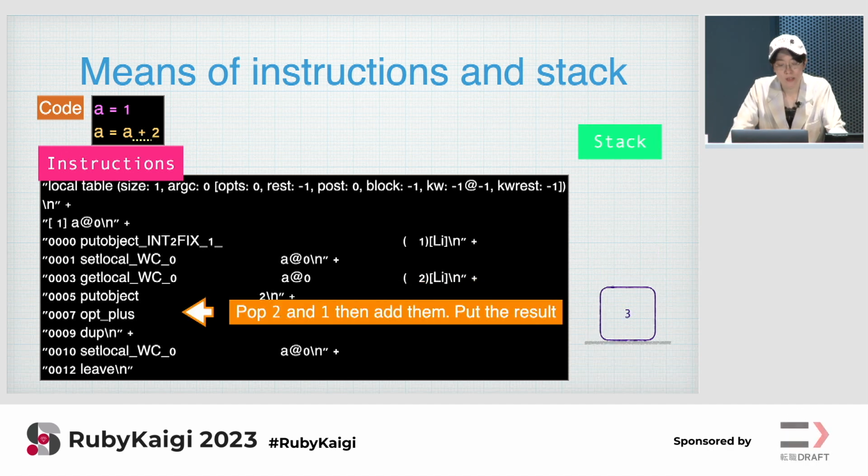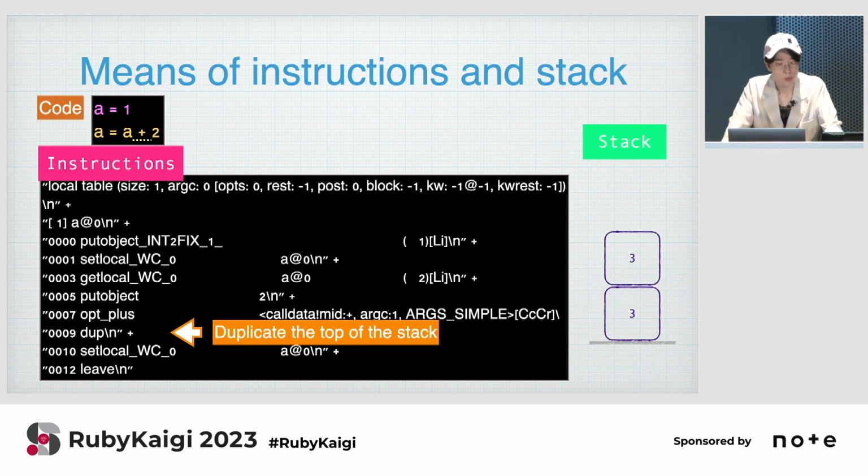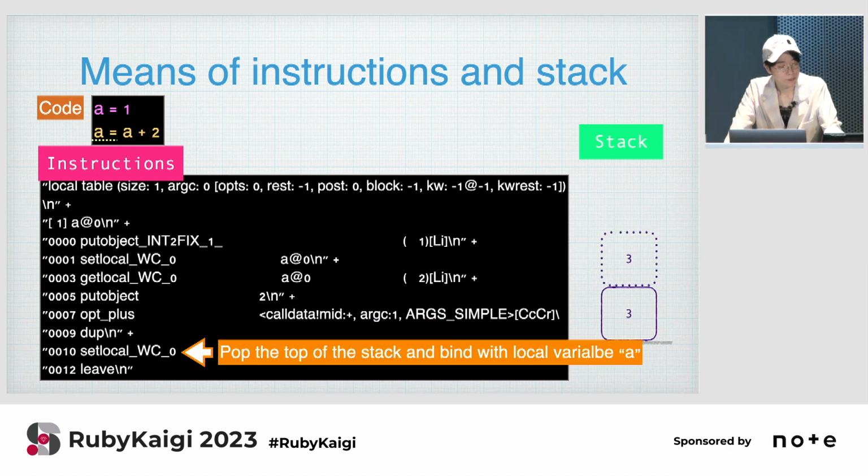Next, the opt_plus instruction pops 2 and 1, adds them, and puts the result 3 on the stack. Then dup duplicates the top of the stack, and setlocal pops the top of the stack and binds it to local variable a.